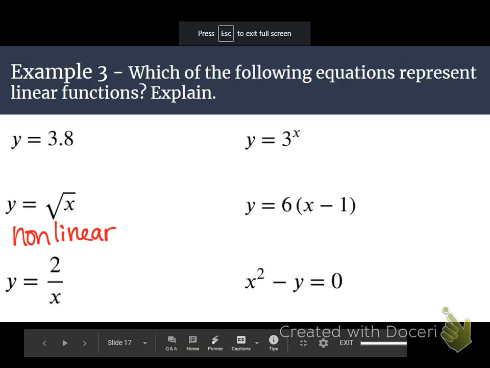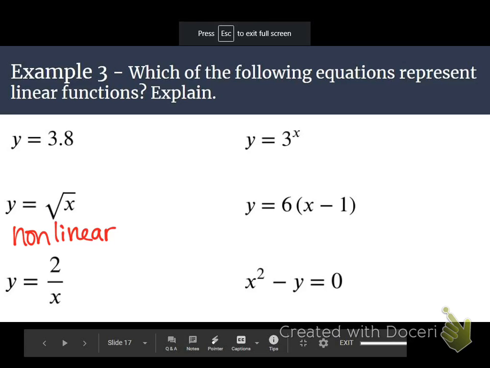What is special or different about this problem that you think made it nonlinear? What symbol? It's not a division sign exactly. Liam? The square root symbol, we call it a radical.